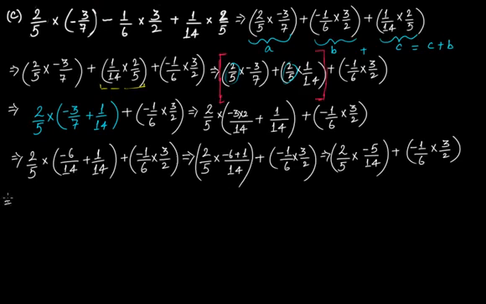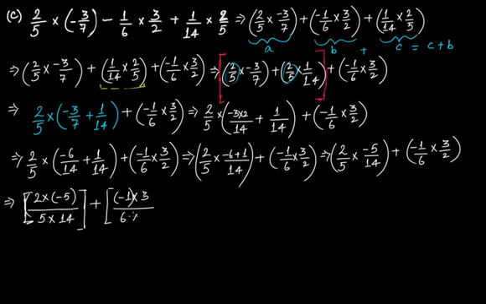Now I can write this as 2 times minus 5 and 5 times 14, plus minus 1 times 3, 6 times 2.